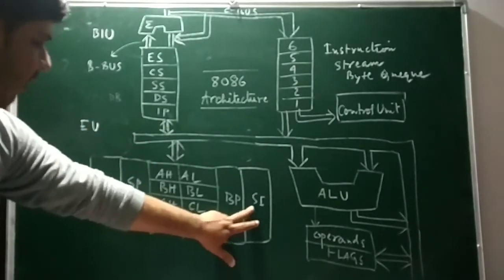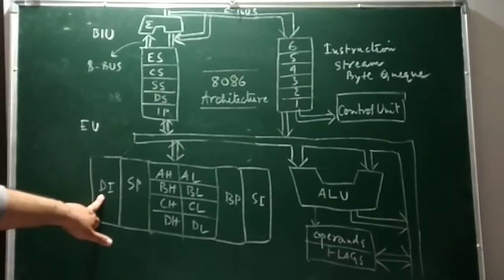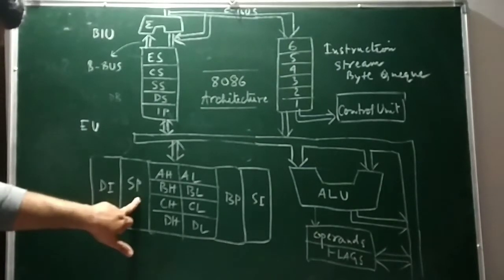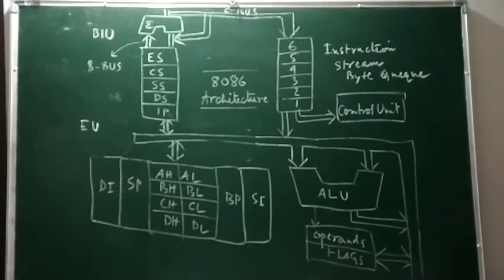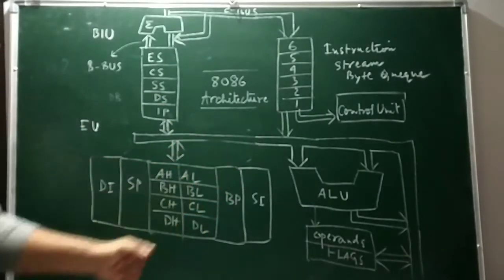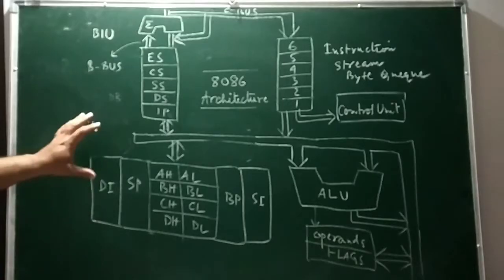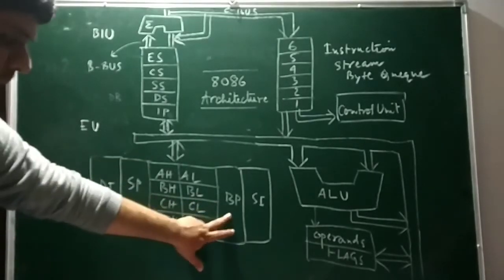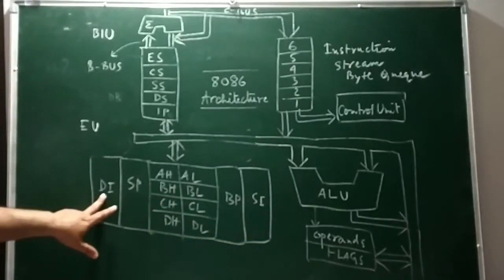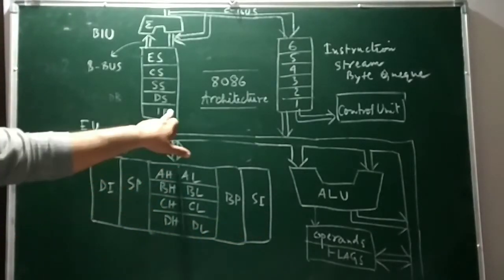One is SI, one is DI. These are index registers. SP you know, BP, base pointer, like this. I'll explain all these. So we have pointers and index registers, SP, BP, SI, DI. Another pointer register is here, IP.